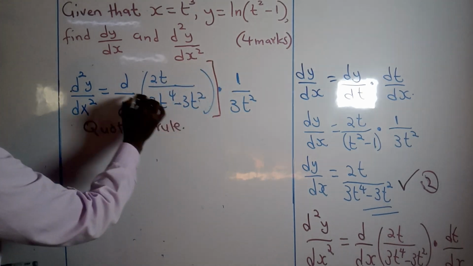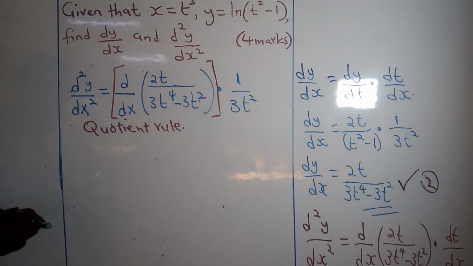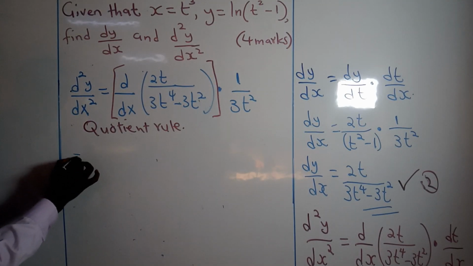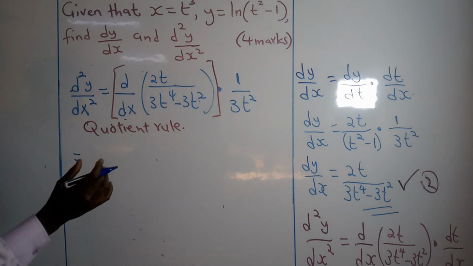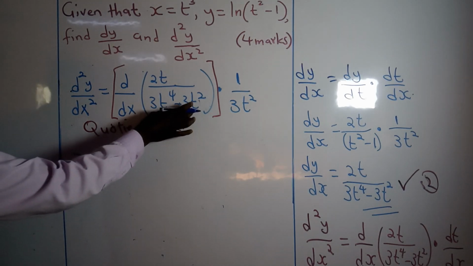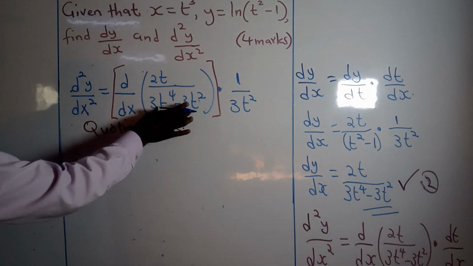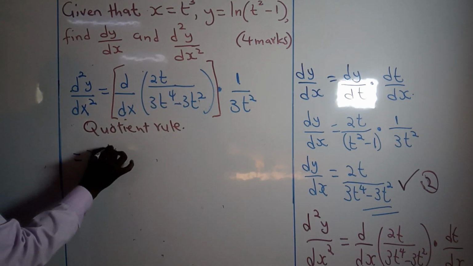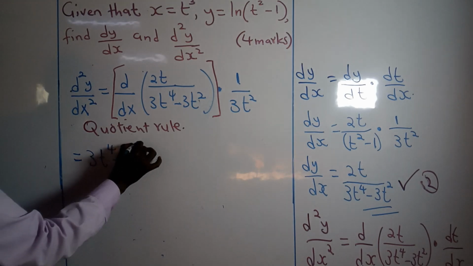And the quotient rule states that when we are differentiating this, it is going to be equal to, we will hold the denominator as constant, 3t to the power 4 minus 3t squared.